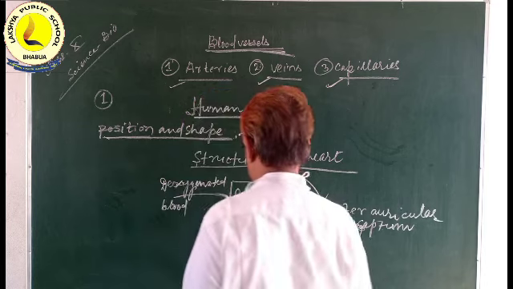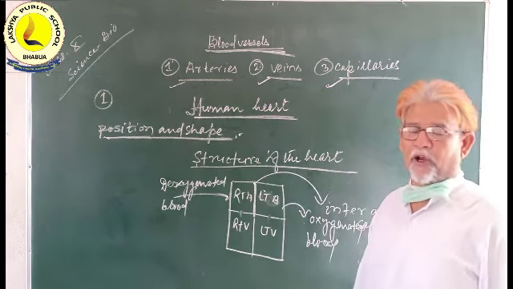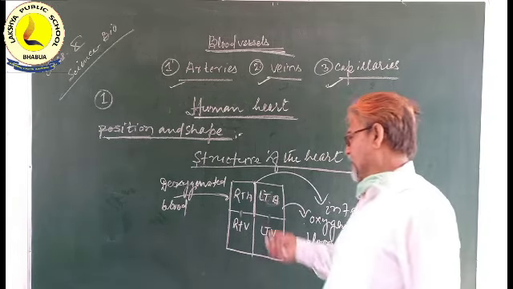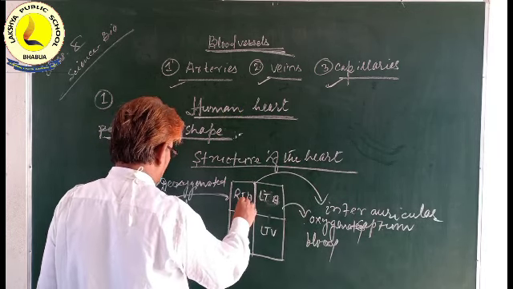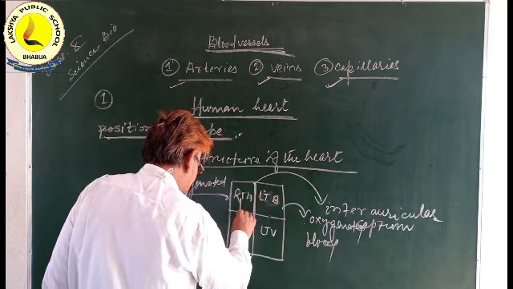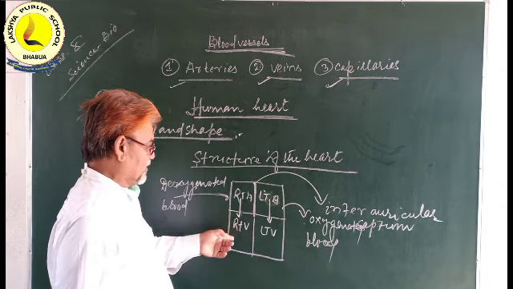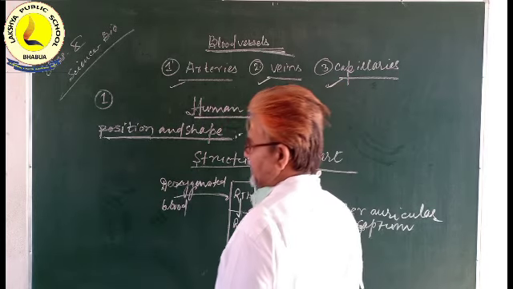My dear students, each auricle has an opening. These openings are used to pump the blood from the right auricle to the right ventricle, and from the left auricle to the left ventricle.